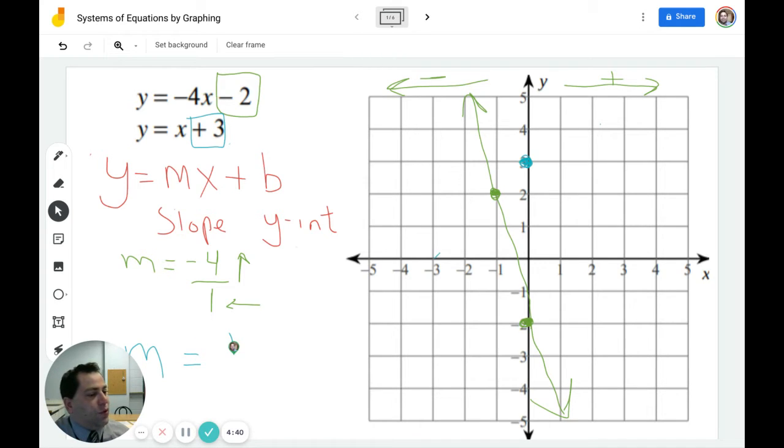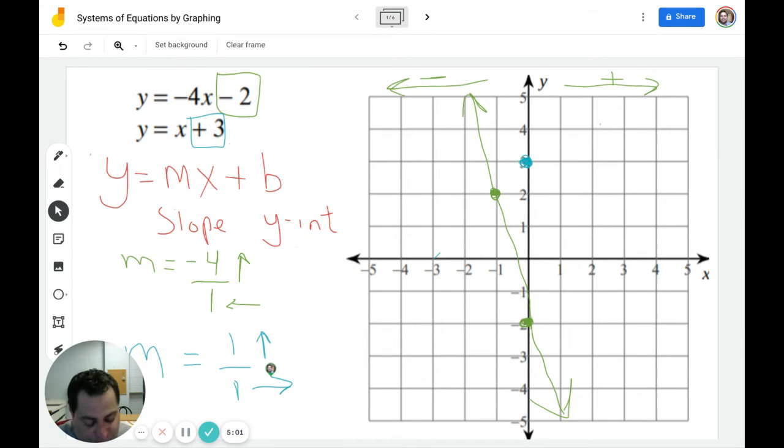So again, we have to remember 1 is over 1. And it's positive this time. So we are going to rise 1, up 1. And we're going to run to the positive, or we're going to move to the right 1, because it's positive.